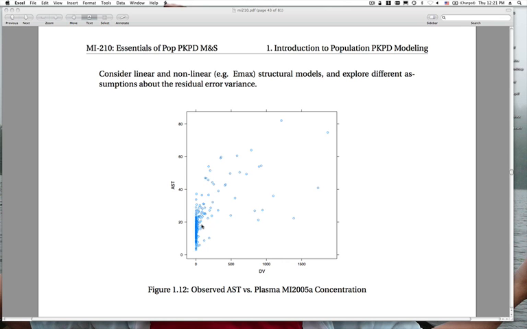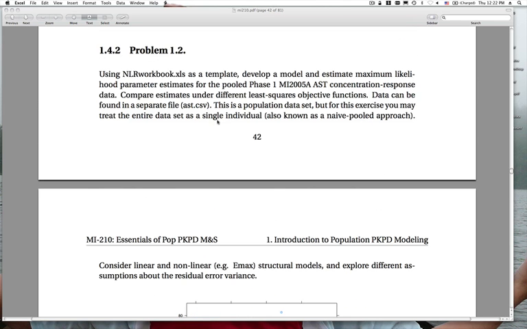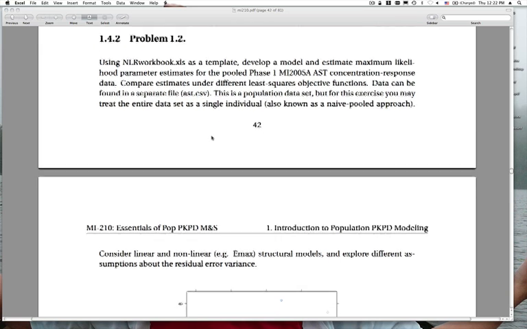The variability seems to be a bit broader than what we saw with the QTC plot. But I'd like you to again explore maybe a nonlinear structure, an Emax type model for this relationship, and then also explore different assumptions about the residual error variance. Okay, that data set is also found on the course site under ast.csv.